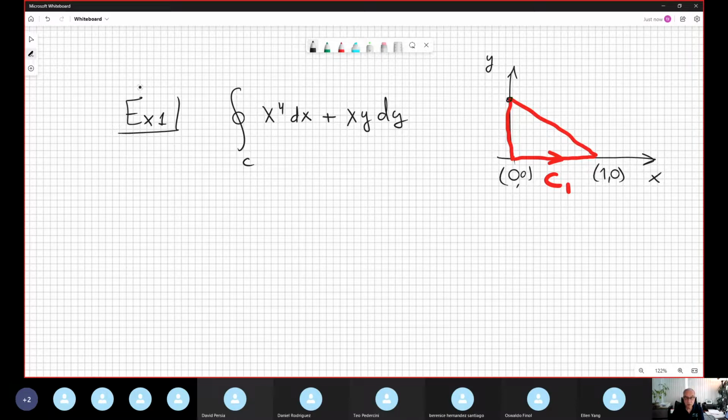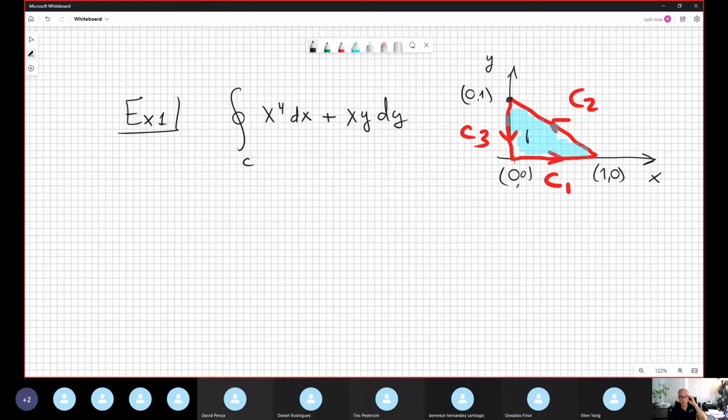And this point is (0,1). Okay, and the orientation continues here, C2 and C3. So we can compute this by separating the curve into three curves. I compute the line integral from (0,0) to (1,0), to (0,1), the diagonal here. But no. Let's do it using Green's theorem, and take advantage of the region R.